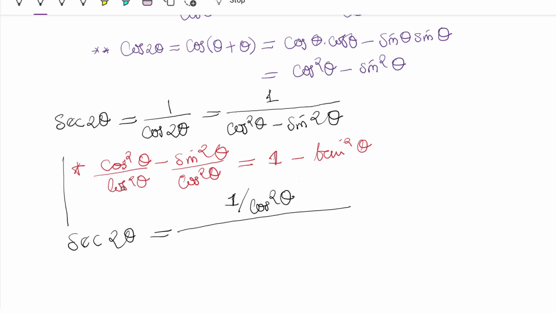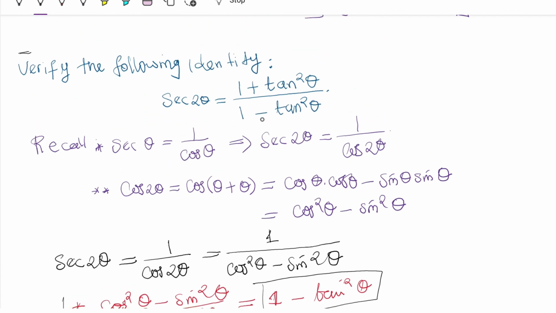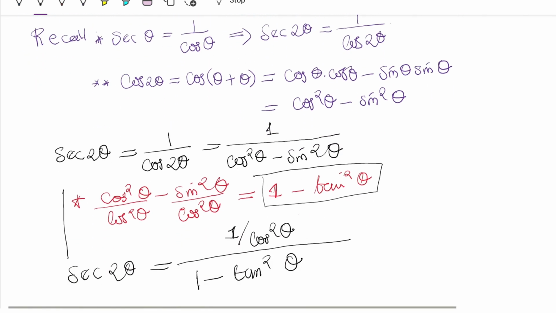When we divide it by cos squared theta, we get this term here, so I will write 1 minus tan squared theta. And we have the 1 minus tan squared theta, that is what we're looking for.